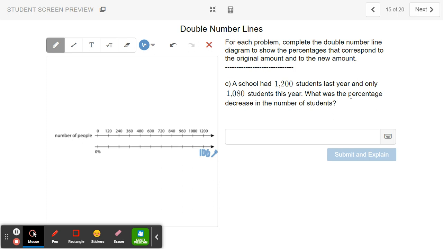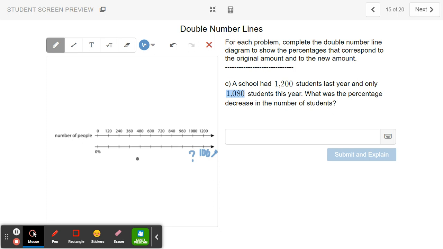Remember, that means how much percent did it go down compared to last year? So I'm going to find my new amount, which is 1,080 students. So I know that's right here. So we're trying to figure out what percent matches up with this particular line. And just like the last one, we can tell that this is going up by 120 students each little mark. So we have to figure out how much this one is going up by.